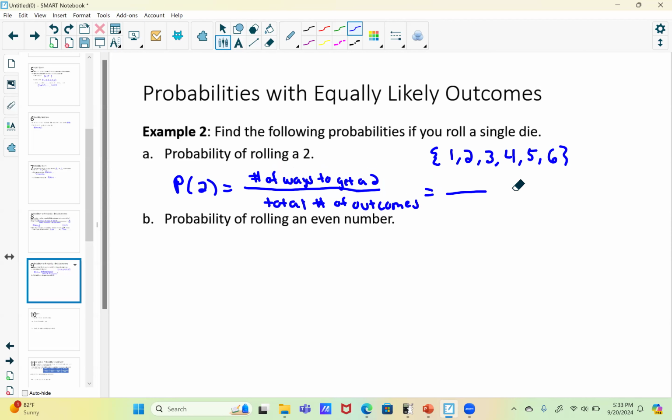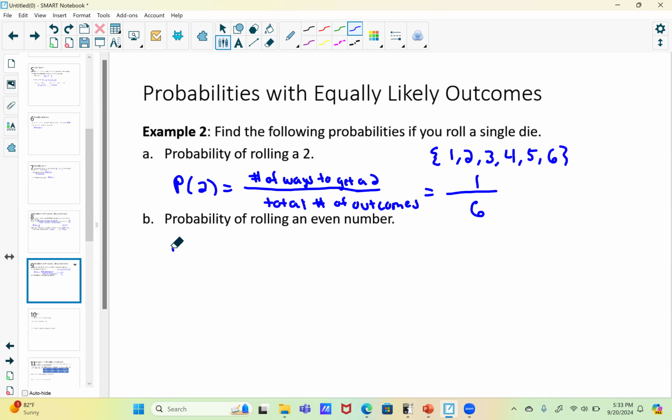Looking at my sample space, I have one way of getting a 2, and I have 6 outcomes. So the probability of getting a 2 is 1 out of 6. Usually we leave these probabilities as reduced fractions or decimals, but this decimal keeps going, so it's better to use a reduced fraction.